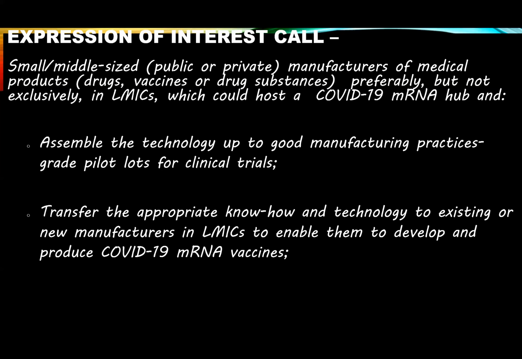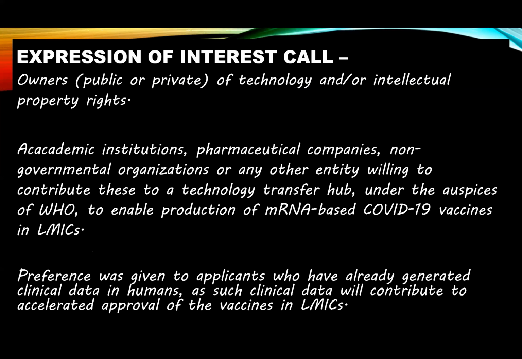It could also be not just countries, but private industries, with the transfer of the technology from the owners of the technology or those who have the intellectual property rights. It could be academic institutions, pharmaceutical companies, or government organizations. So this call of interest was to link the two sides together.